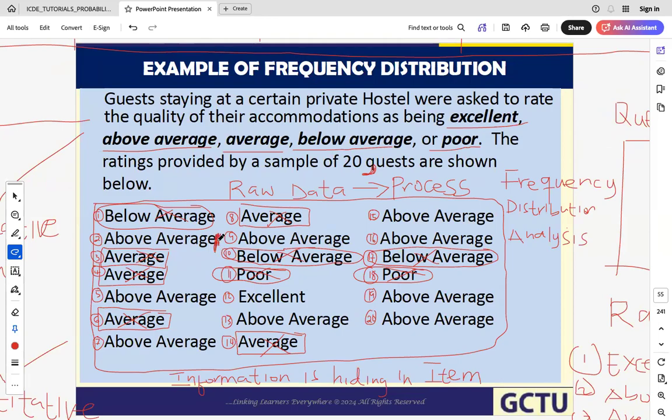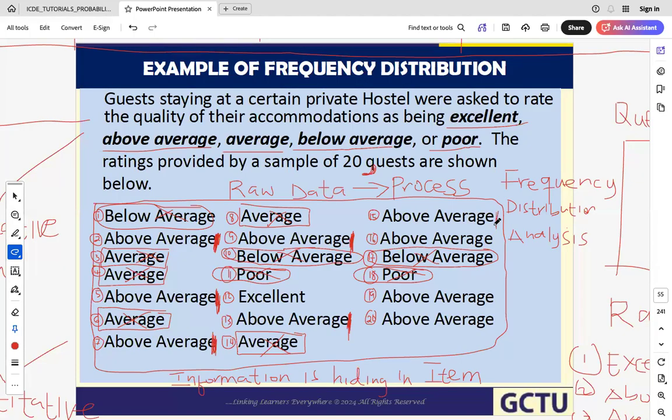So this is 1. This is 2, above average. This is 3, above average. This is 4, above average. This is 5, above average.